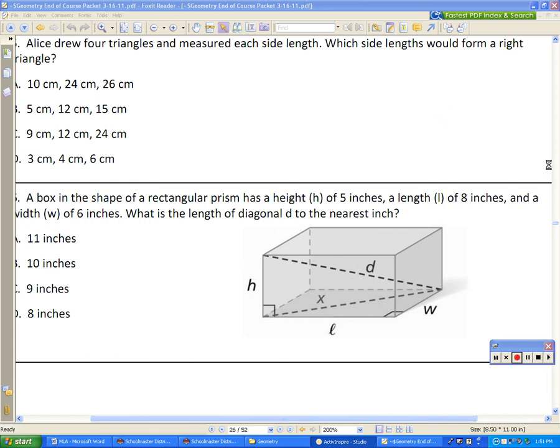Nope. So that's out. 3, 4, 6 is not it, because it's supposed to be 3, 4, 5. So that's definitely out. 10, 24, 26 is actually a form of a common Pythagorean triple, which is 5, 12, 13. Okay?